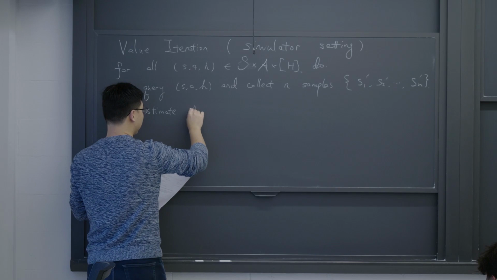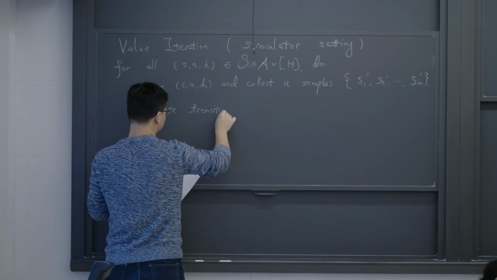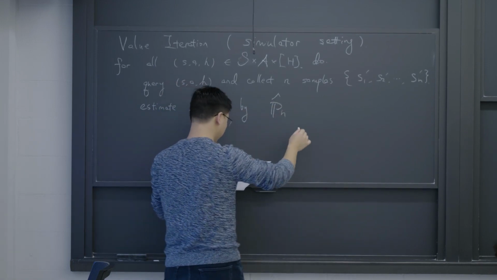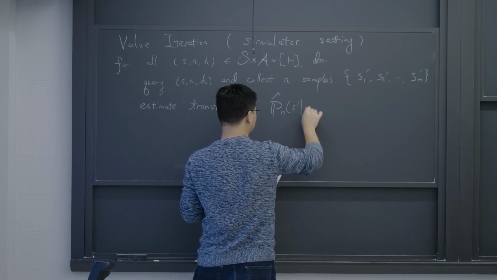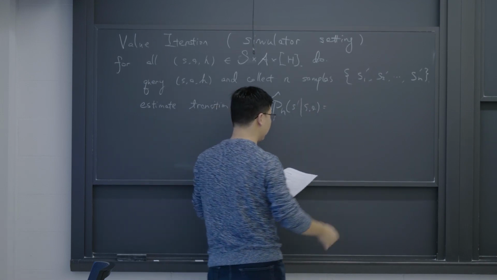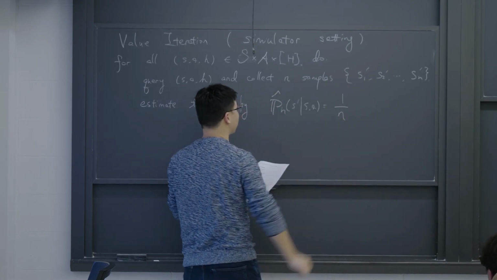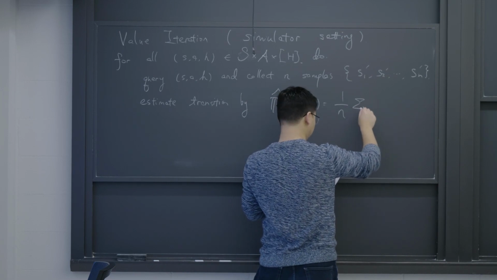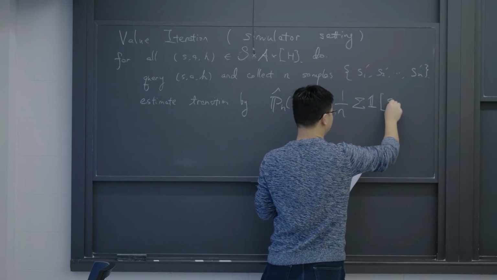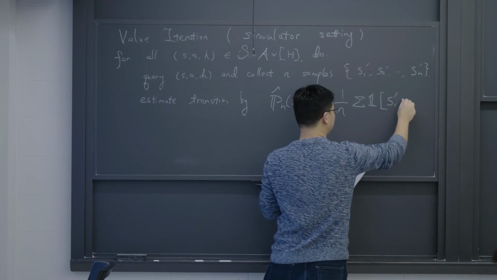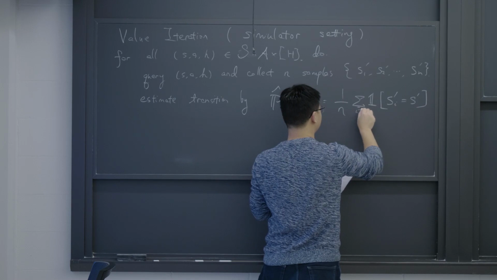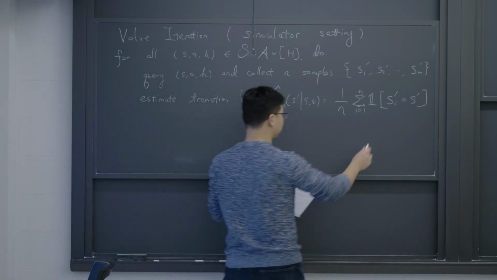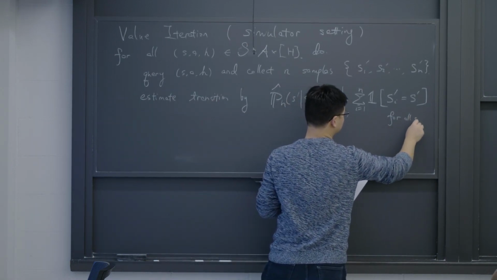So we estimate the transition by this: P hat h of s prime given s, a is equal to 1 over n, where n is the total number of samples we query from the simulator, times the sum of the indicator of whether s_i prime is exactly s prime, for i from 1 to n, for all s prime in S.